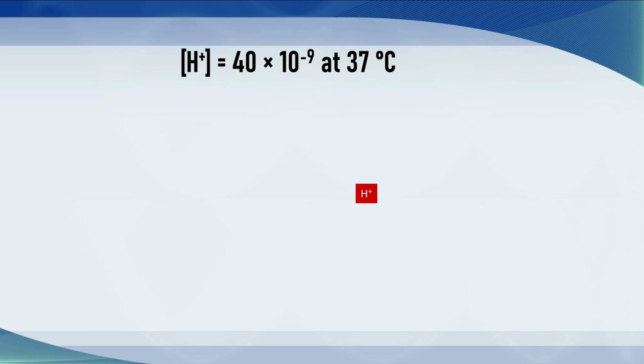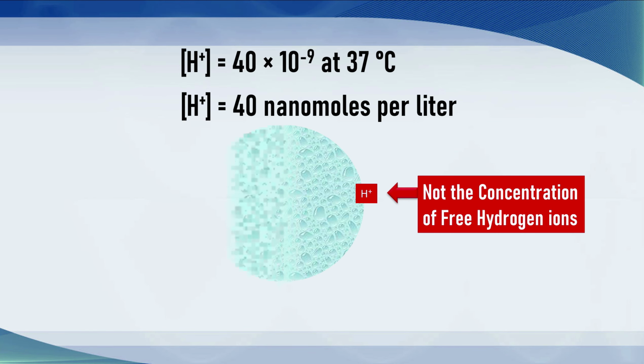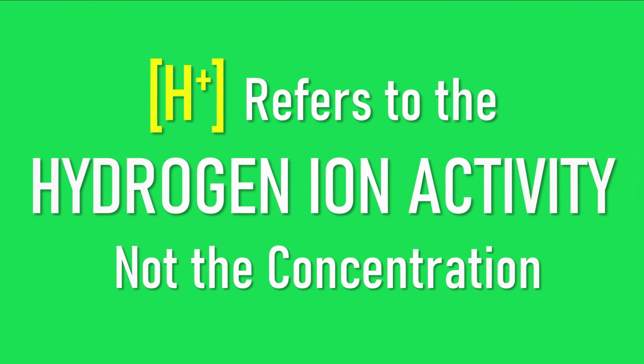So 40 nanomoles at 37 degrees Celsius, and that is not a free hydrogen ion. There are no free hydrogen ions. It's a glob of water that has the activity as if it had a single hydrogen ion. So that H+ refers to the hydrogen ion activity, not the concentration.